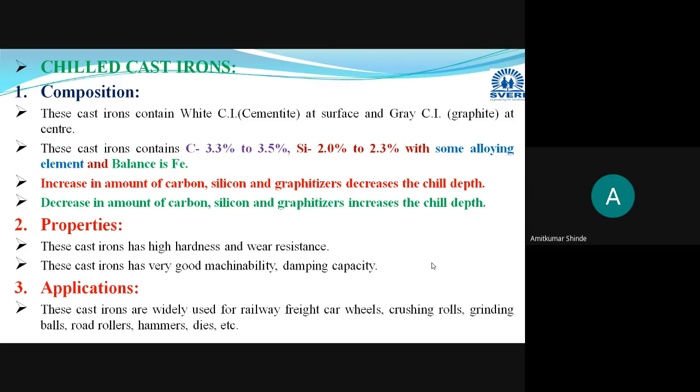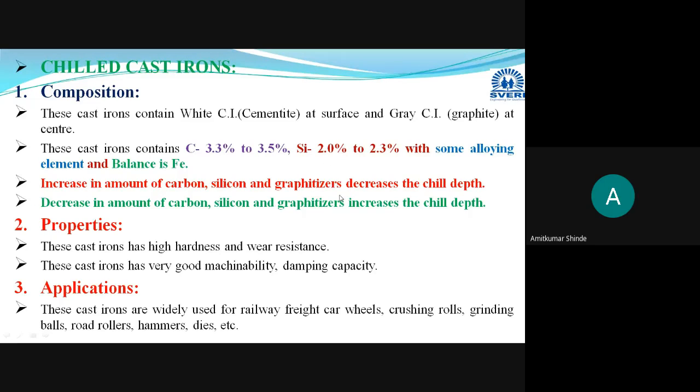Related to its composition, these cast irons contain carbon 3.3% to 3.35%, silicon 2 to 2.3%, with addition of some alloying elements, and the remaining will be iron.